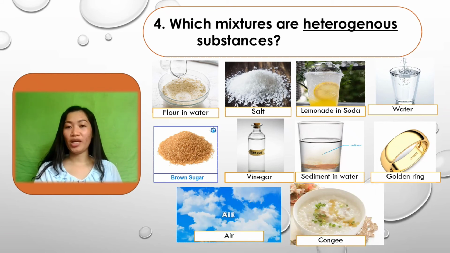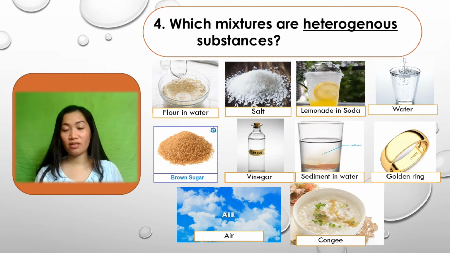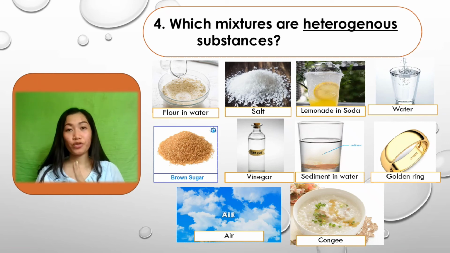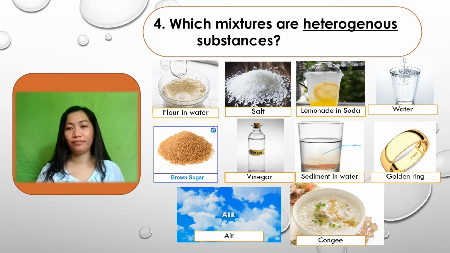Air, and we have the kanji. So which of these mixtures are heterogeneous? Again, when you say heterogeneous, these are mixtures, meaning there are two or more substances being mixed, but they are not uniform in appearance.